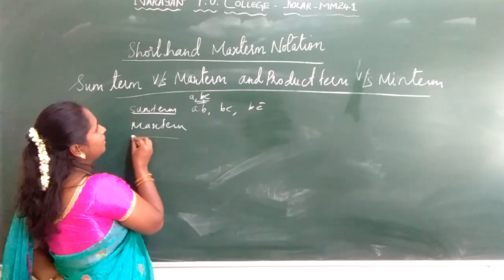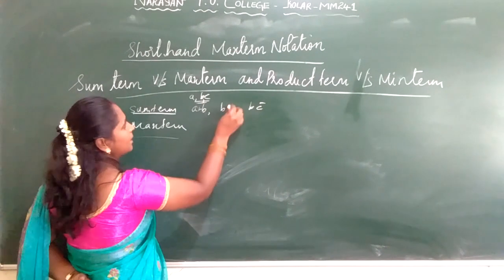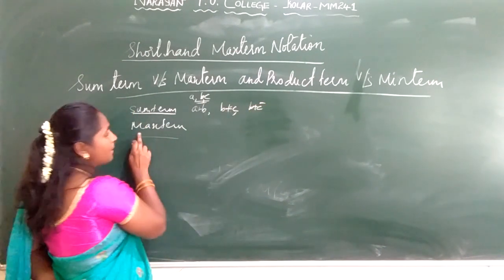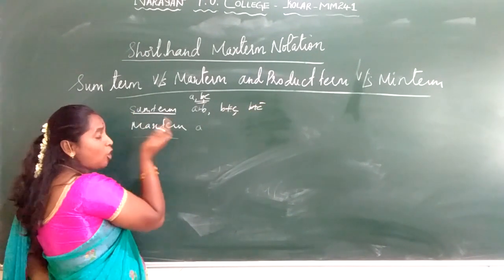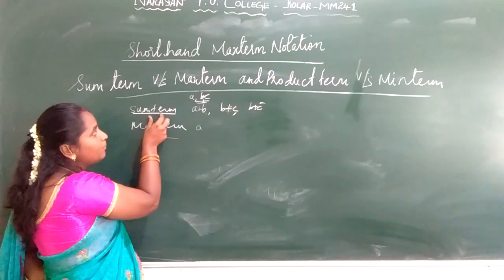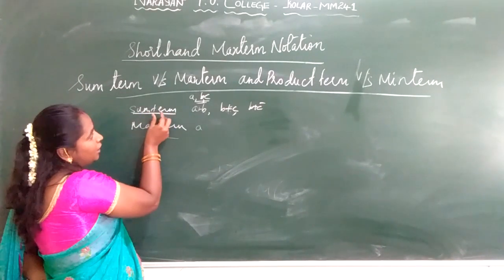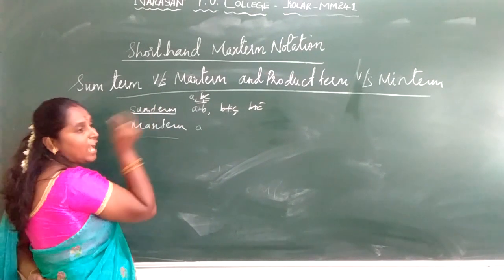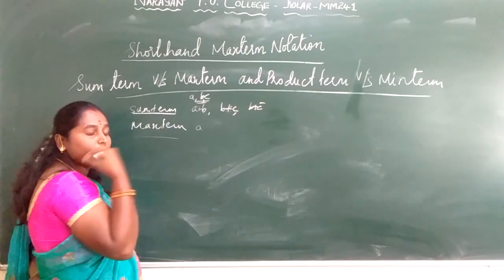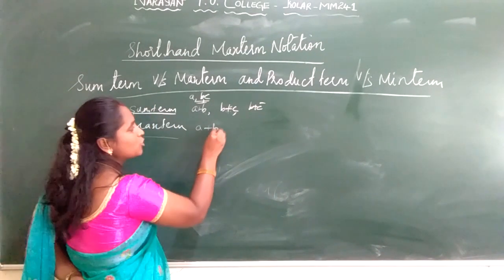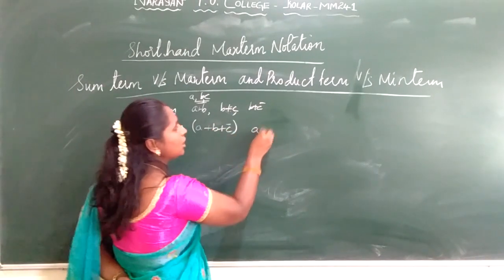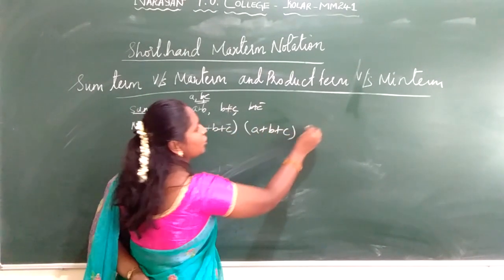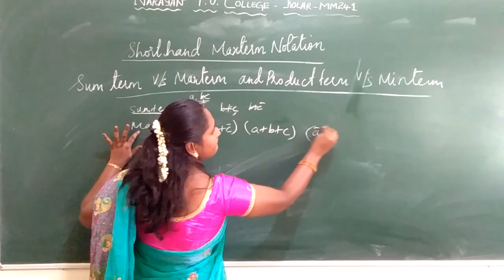This is a sum term, A plus B. But in a max term, all literals should be present. A max term is a product of sum terms, and each sum term should have all the literals, present with or without a complement. That is your max term.